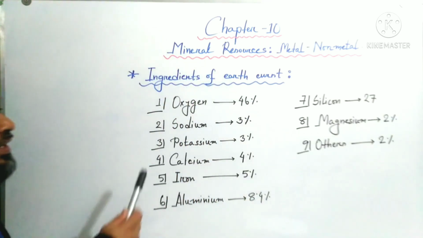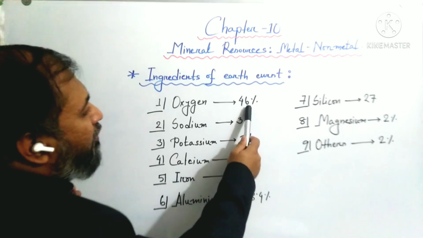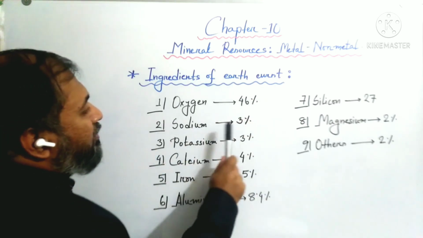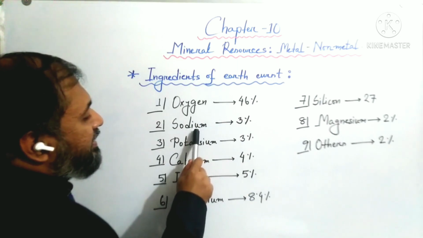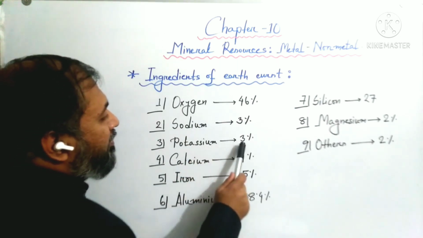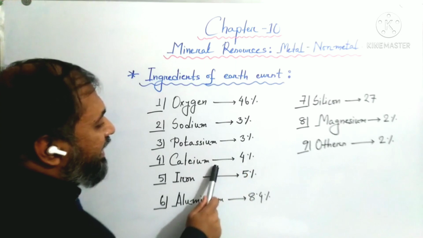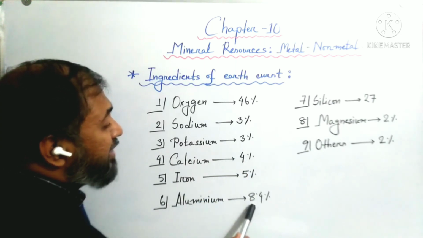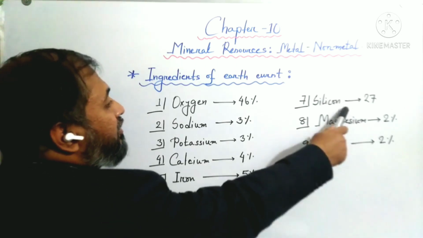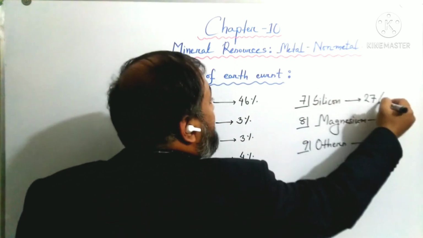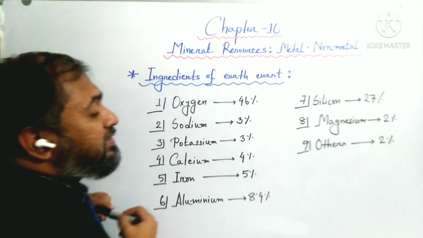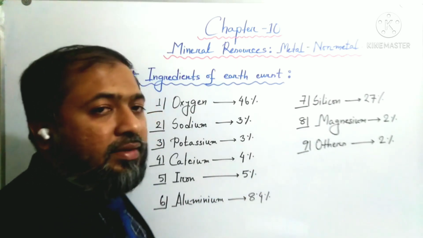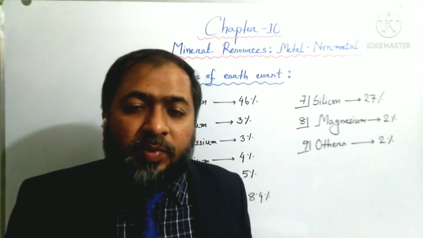You can see that 46% oxygen is contributing to form the earth crust. 3% sodium is present in the earth crust. Potassium remains 3%, calcium 4%, iron 5%, aluminum 8.4%, silicon 27%. You can see 27% silicon is present in the surface of the earth. Magnesium 2%, and all other remaining is only 2%.